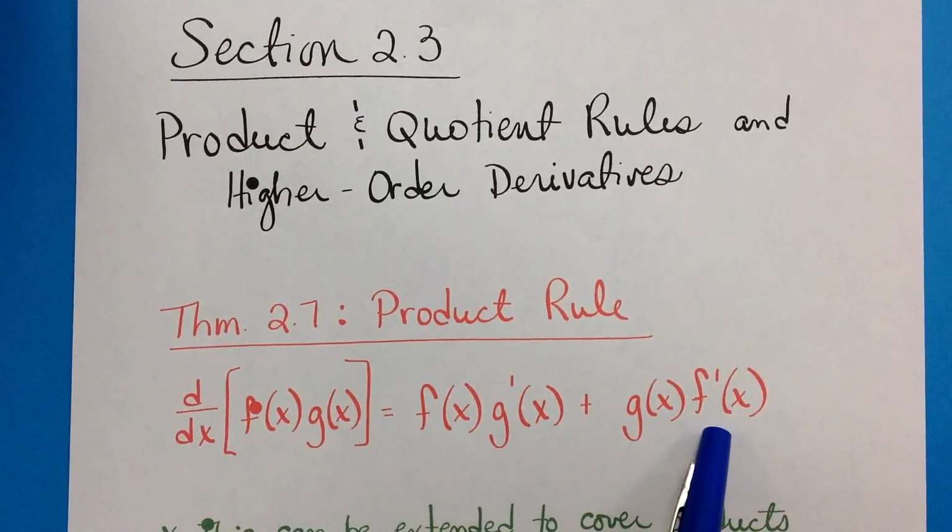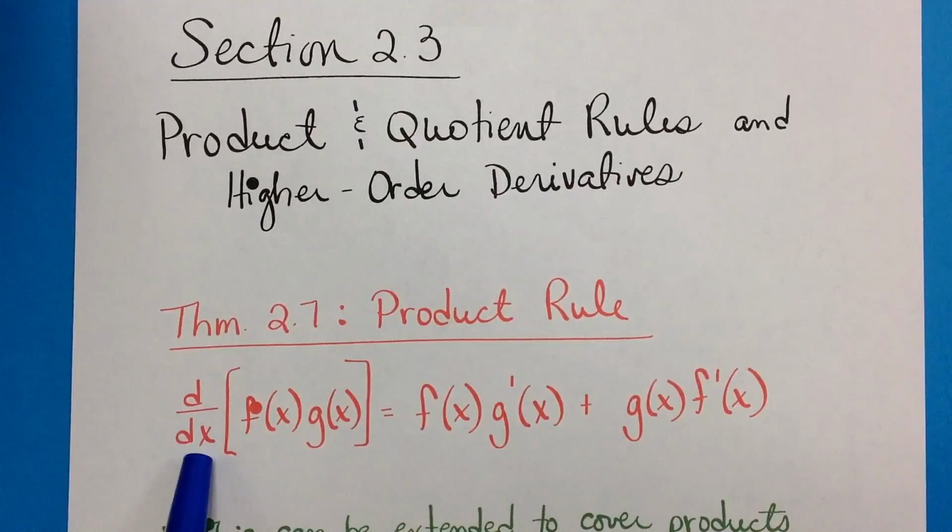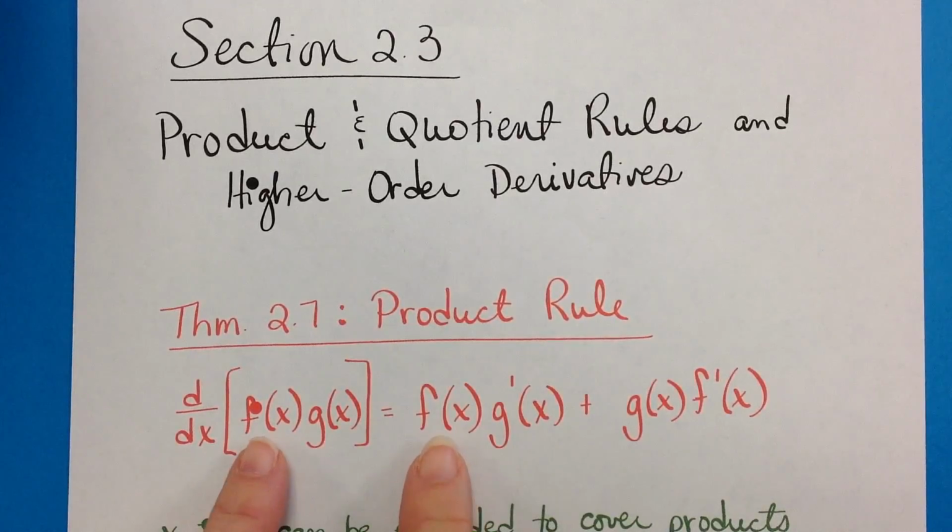So what you have here for this rule says if you're asked to take the derivative of two functions, so you have one function they're referring to as f of x, you have another function they're referring to as g of x, and of course you're asked to take the product. You're multiplying those together. So this is the rule that you'll need to remember. You actually just start with the first function, f of x.